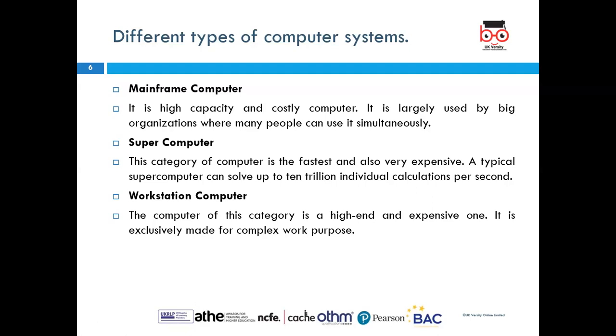Then coming down to medium-sized or small businesses, we have workstation computers, which are used for high productivity, and they're still relatively expensive due to the nature of the business or the purpose of using them.